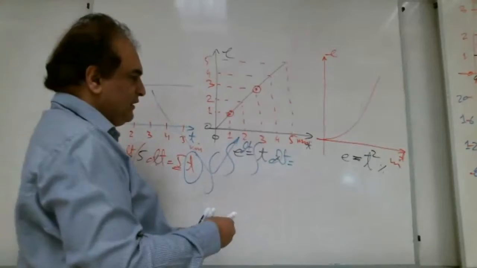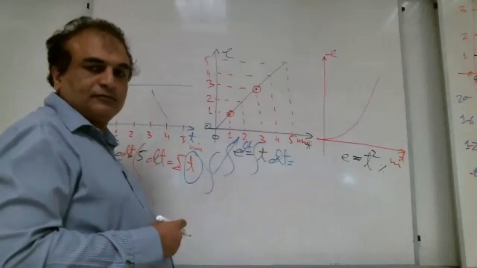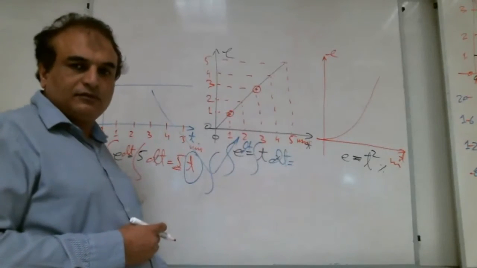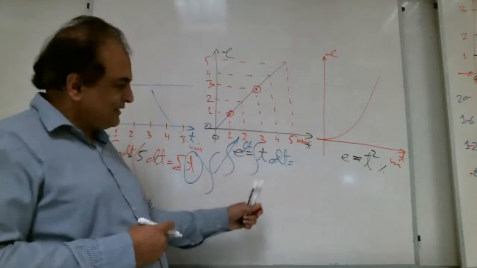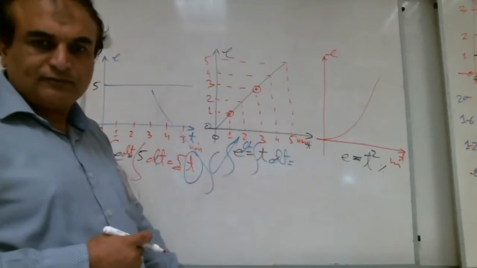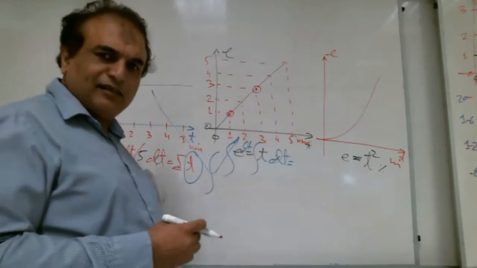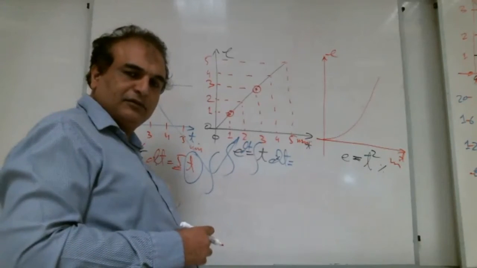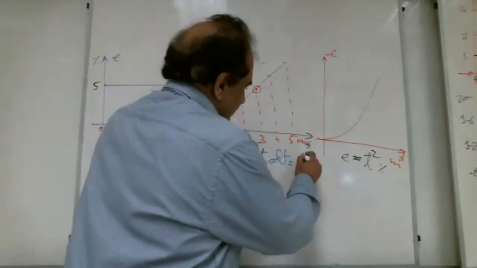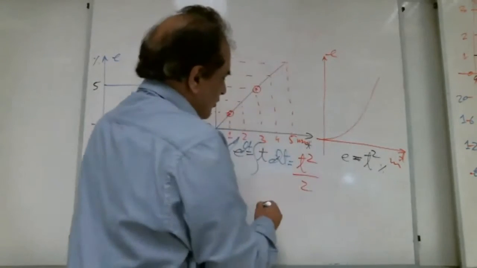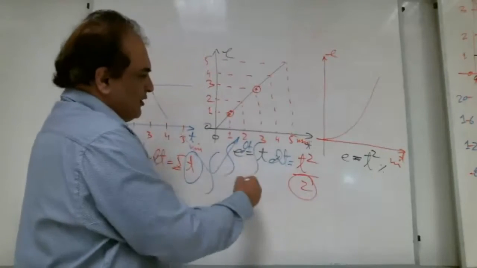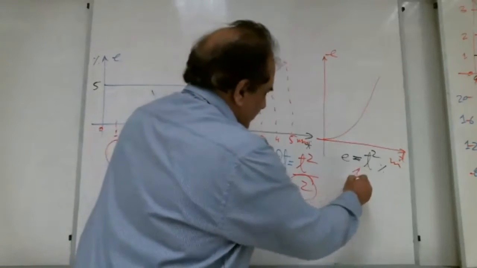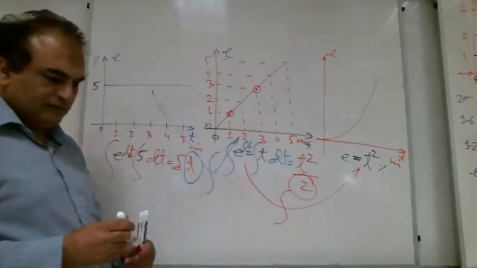T square over 2. The 2 is constant, no problem, but when we integrate this one, we get t square.